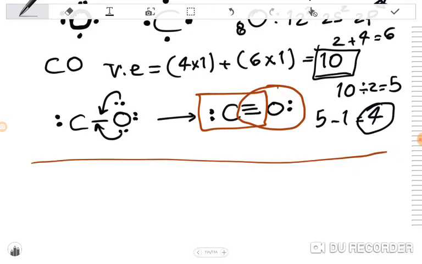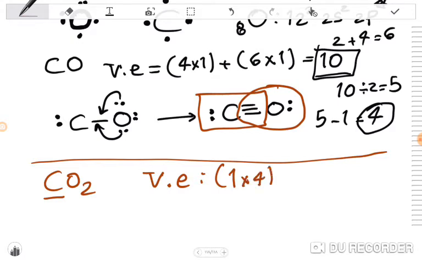After carbon monoxide, we draw the carbon dioxide Lewis dot structure. Valence electrons in carbon dioxide: we have one atom of carbon, 1 multiply 4, plus we have 2 atoms of oxygen, 6 multiply 2, is equal to 16.